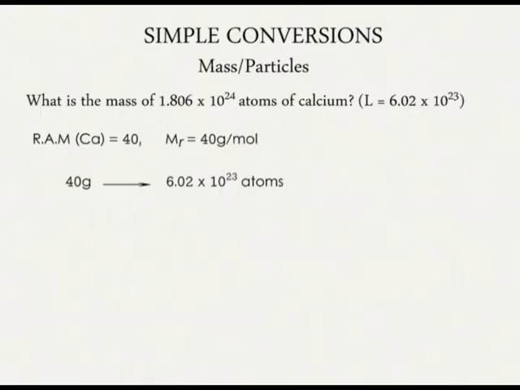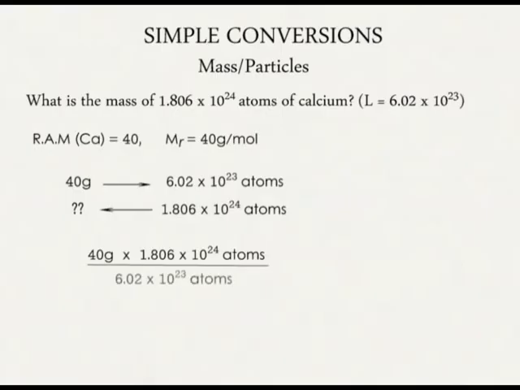The question is, 1.806 times 10 to power 24 atoms of calcium will weigh how much? So we have 40 grams times 1.806 times 10 to power 24 over 6.02 times 10 to power 23. Atoms cancel out and we get 120 grams.